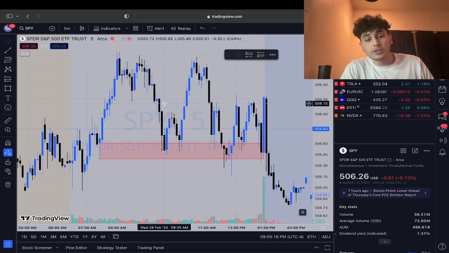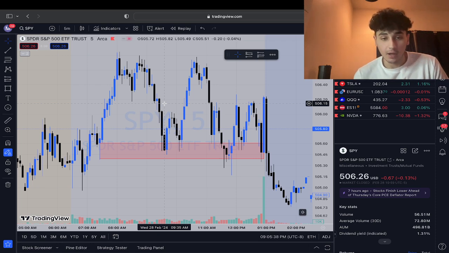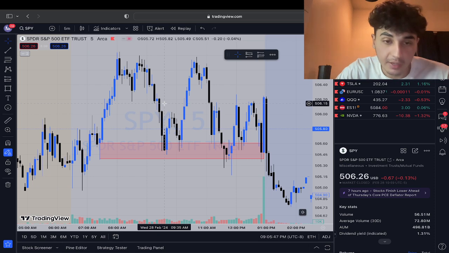So the fewer retracements there are into that zone, the more unfilled orders there are inside it, and the more unfilled orders, the more those market makers are going to fill those orders and push price back up. It's kind of complicated, but once you get used to the whole concept, it's very simple to understand.